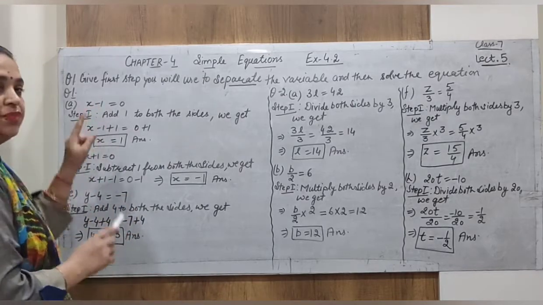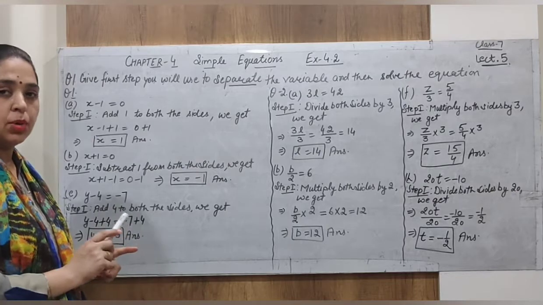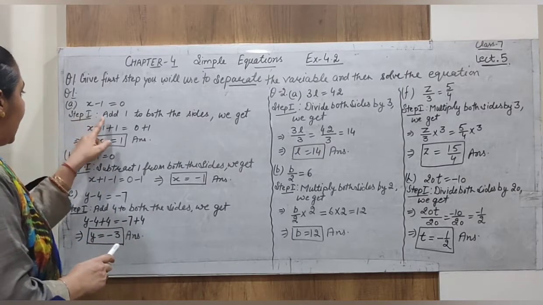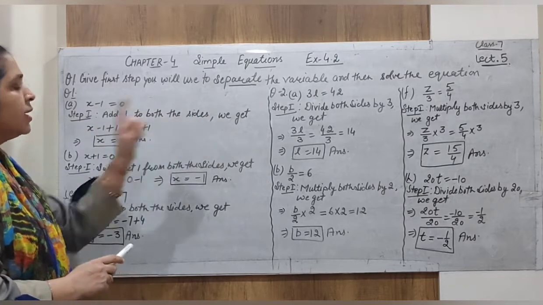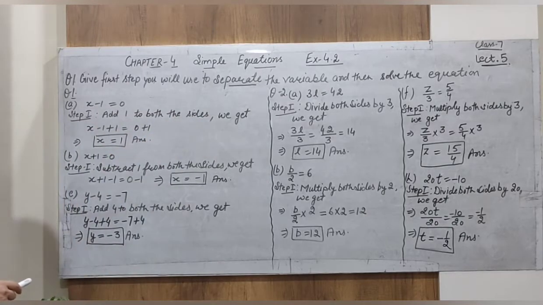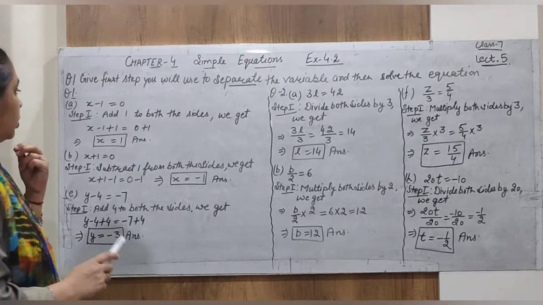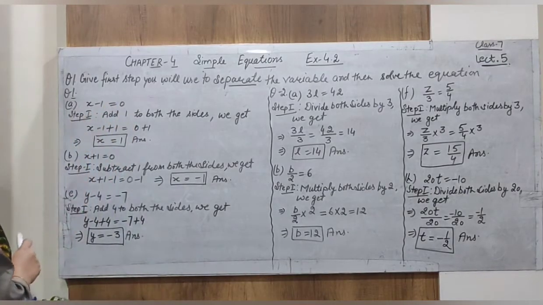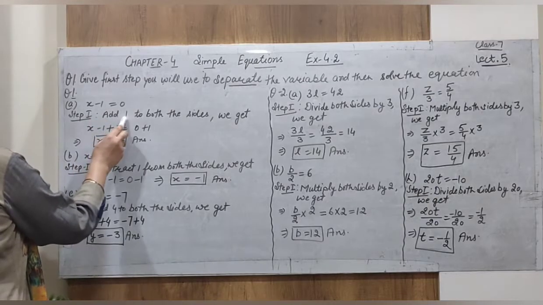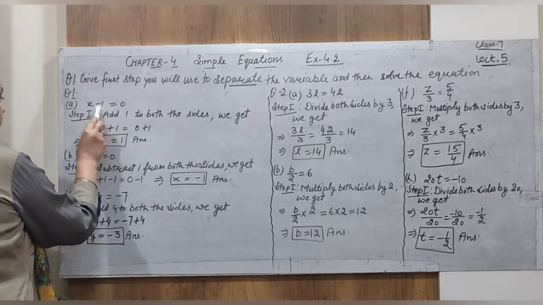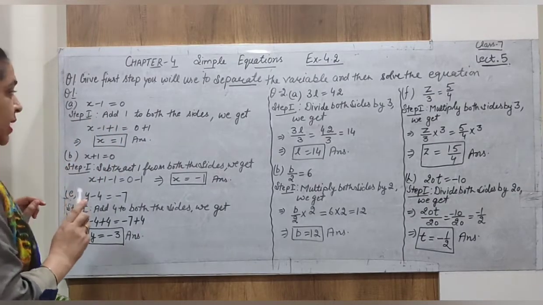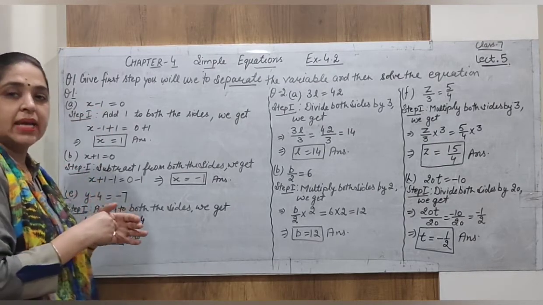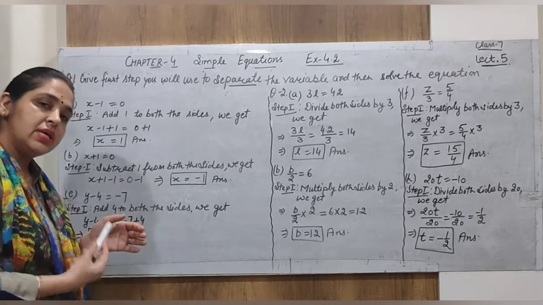How can we remove 1 from the left hand side? We have to use step 1: add 1 to both the sides, the left hand side and the right hand side. We add 1 because the constant given with x is 1, with a negative sign, and the negative sign cancels out with the positive sign.